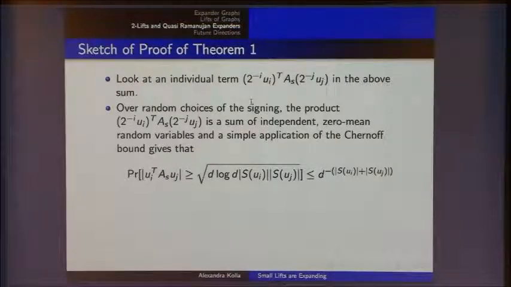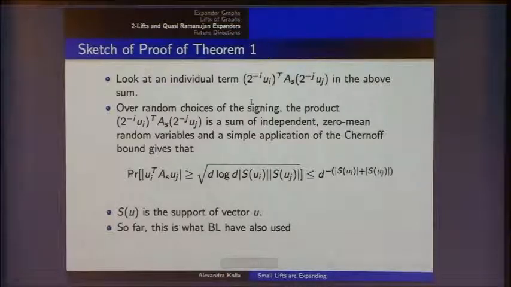And easily, we can apply an off-the-book Chernoff bound and prove that, in fact, the absolute value of this term cannot be much larger than root d log d times the supports of the vectors. Here, the support of u is the support of the vector. And this is so far what Bilu and Linial used in their proof. That's the first part of the proof.